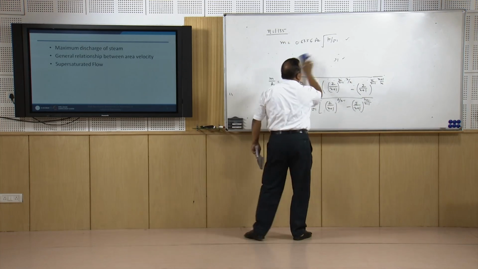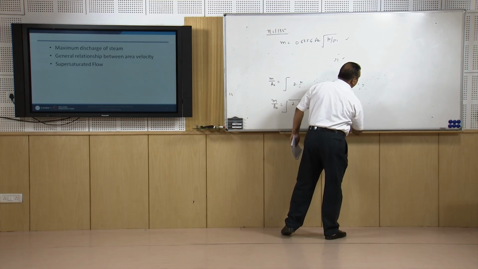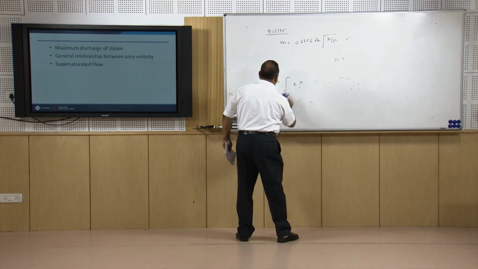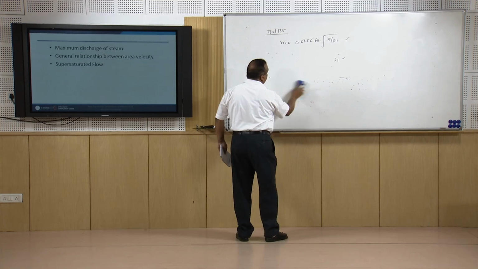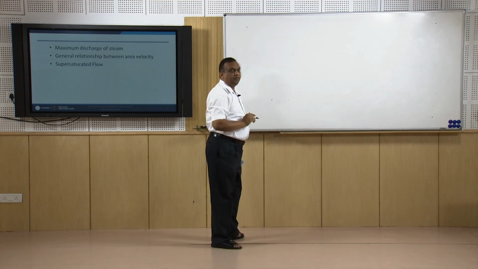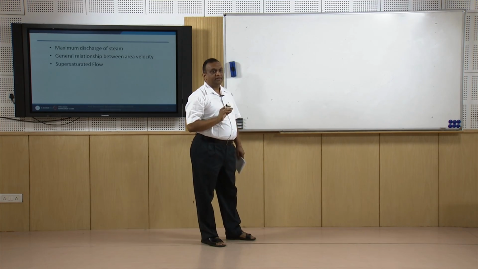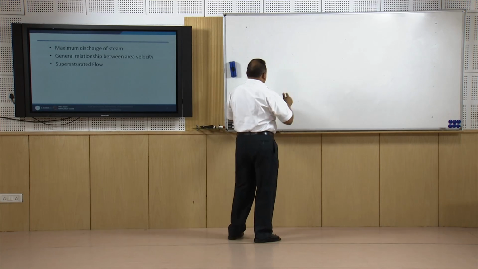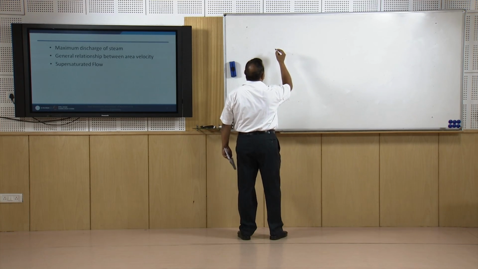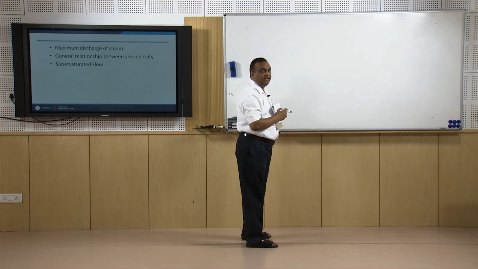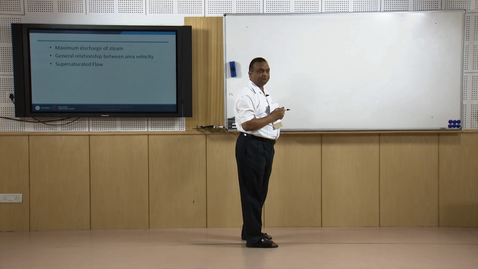Now, we will develop a general relationship amongst the velocity and pressure and density. Now we will be developing a general relationship between the parameters. It is a relationship between area and pressure.